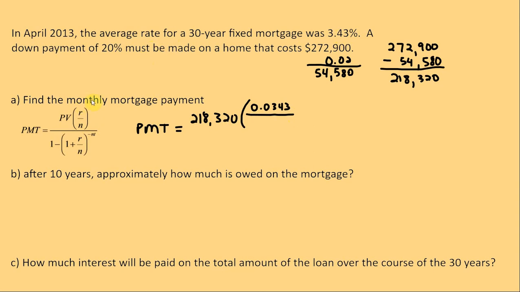This is monthly payments, so we're going to be dividing that by 12. And that's over 1 minus 1 plus our rate of 0.0343 over 12.